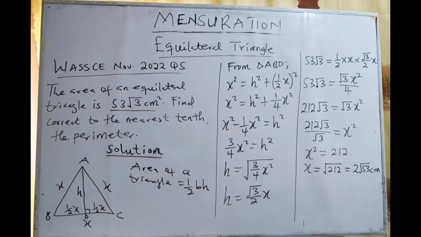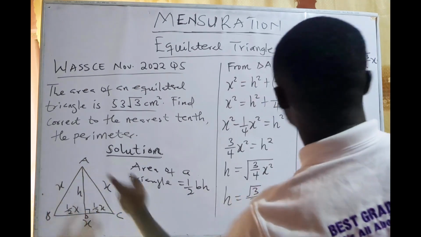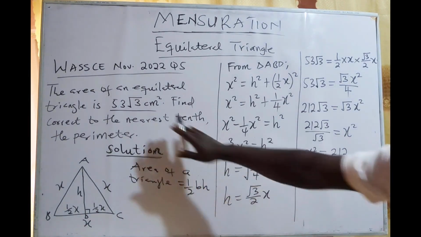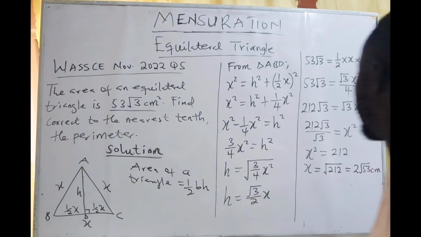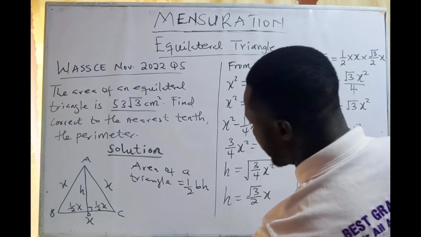It means that the side of the equilateral triangle is 2 root 53 centimeters. Let's leave our answer in surd form because the area was also in surd form. So now we can find the perimeter. You see, the question is small, but the working is not that small, but so simple.